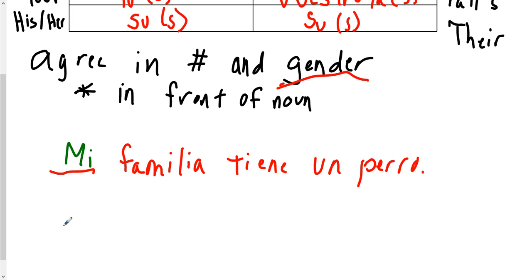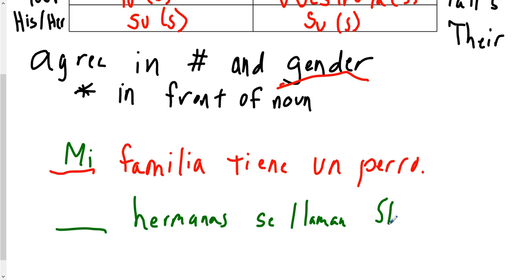Okay? If I want to talk about my sisters, my sisters are named Sharon and Marcia. Hopefully you would think that I need mis because this one is plural. Good?